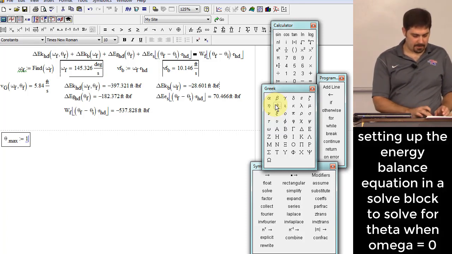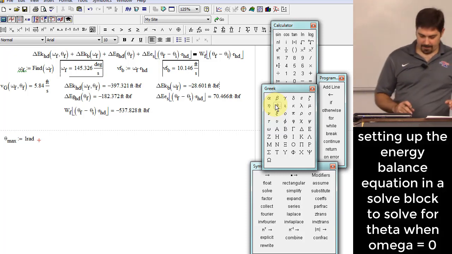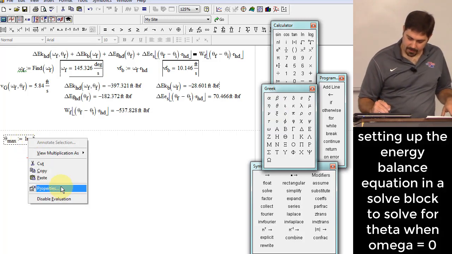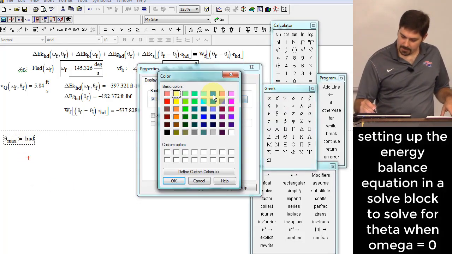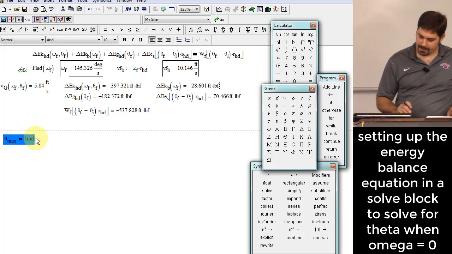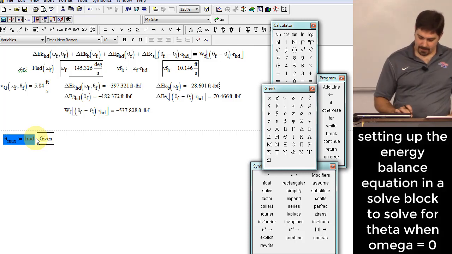And I've got to make an initial guess, so I'll say 1 radian, okay? And again, I always like to change the color on that to make sure I don't forget what I was doing with that particular variable. So here I'll put in given. All right.